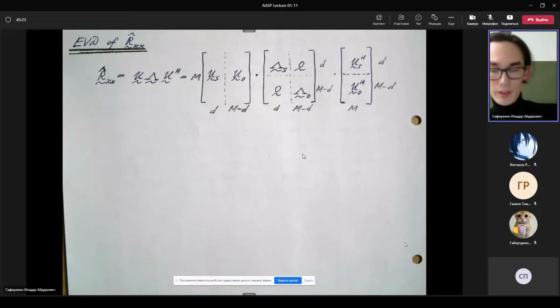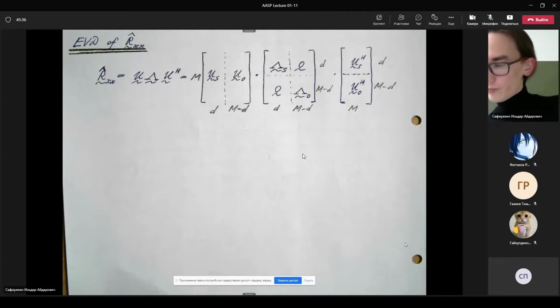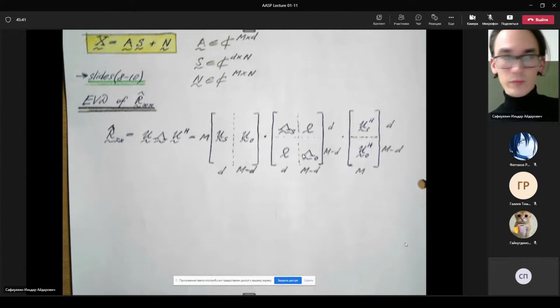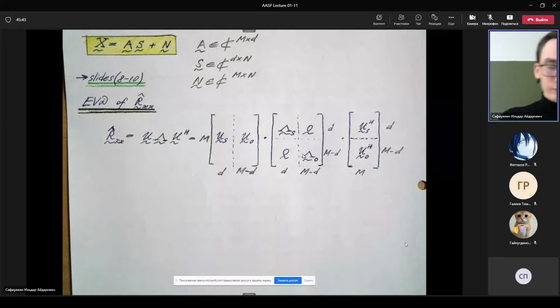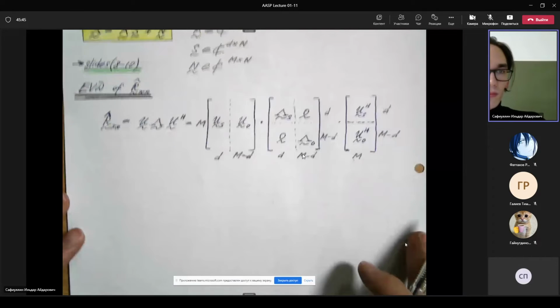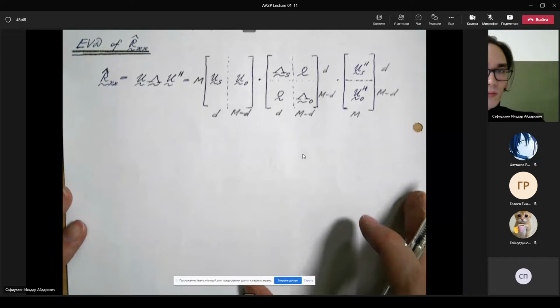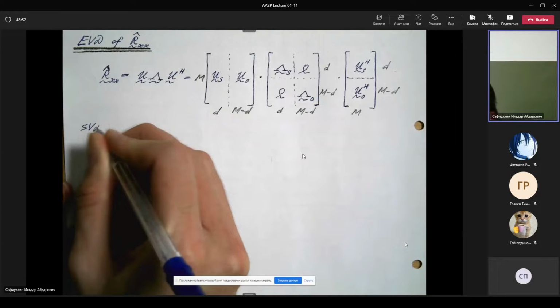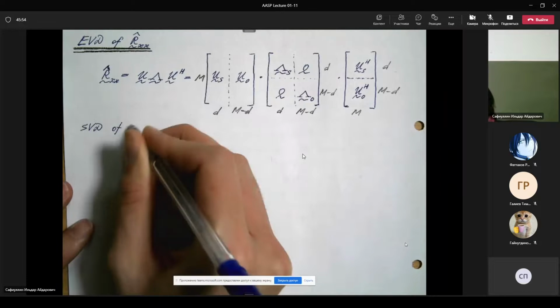And now, the interesting part here: what if we calculate not the estimate of a spatial correlation matrix, but the singular value decomposition of this matrix X, so the measurement matrix?